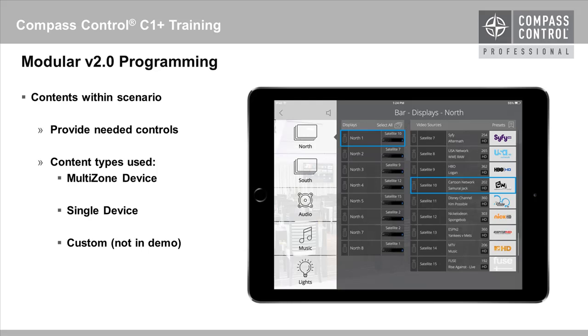We'll use, of course, single device for controlling the cable boxes and whatnot, and we'll have custom. Now, this again is going to be one more deviation from the demo, where we'll have a custom content button for power of an area of the bar restaurant.